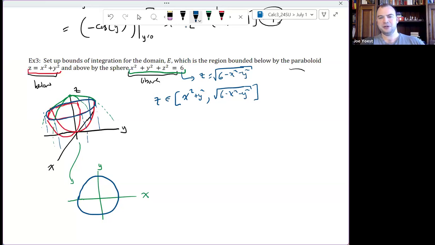I think that's just kind of intuitive, but we can see that, on one hand, z is x squared plus y squared. And on the other hand, z is root 6 minus x squared minus y squared. When are those equal? Well, this is when x squared plus y squared squared equals 6 minus x squared minus y squared.